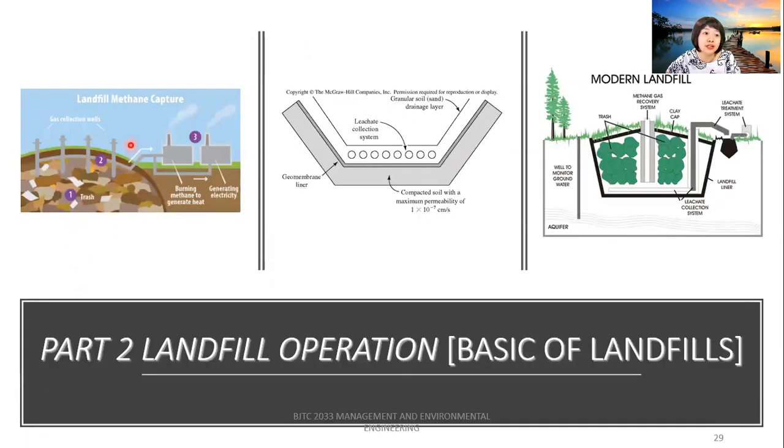Okay, so you can see here, this is the methane gas collection. So we will see some pipings that go deep inside the solid waste and then go up. And then this is the ground layer, which we call the leachate collection system.